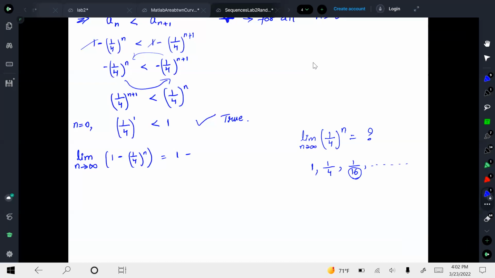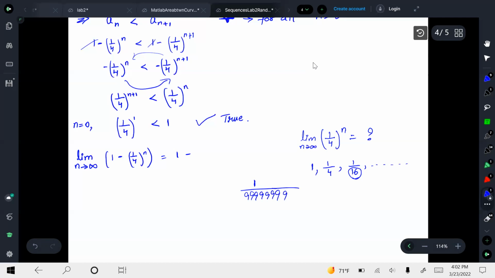but the numerator is 1. Now, if you want, you can try doing this in your calculator. Let's see, 4 to the power of 9, a very, very large number. What do you get? You get 0. If you divide a small number by a very large number, it will give you 0.